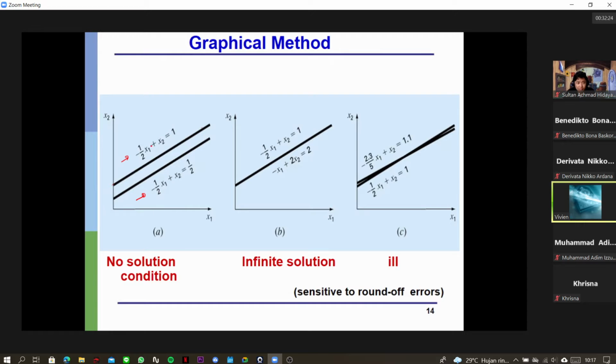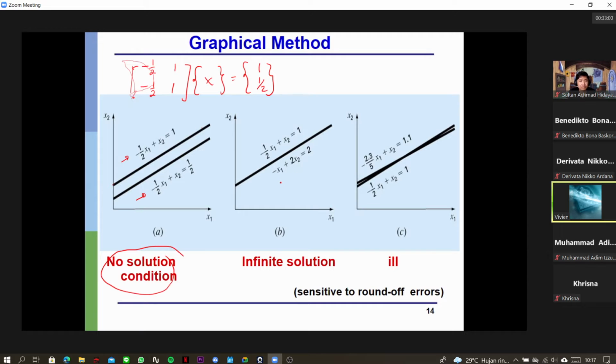Say we have a system with a matrix filled with minus half and 1, minus half and 1, multiplied by x, equal to 1.5. In this case, we never get a solution because physically there is no solution. These two lines are parallel, so there is no intersection. This is the no solution condition.